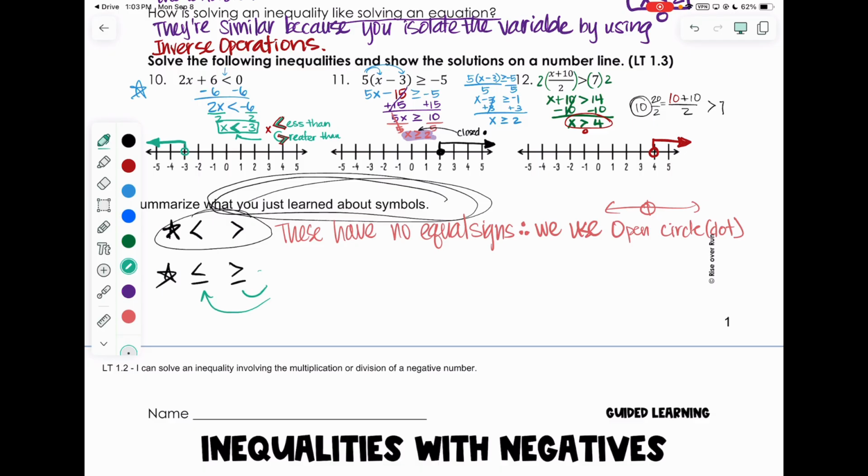What do these lines represent? Equal to. It's like half of it is equal to, and half of it is the other one. So we include or exclude the number? We include because of the line under it.